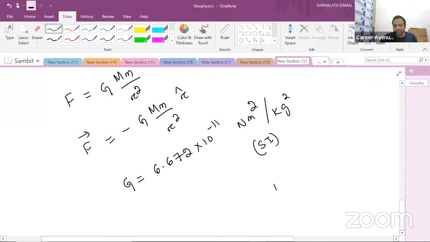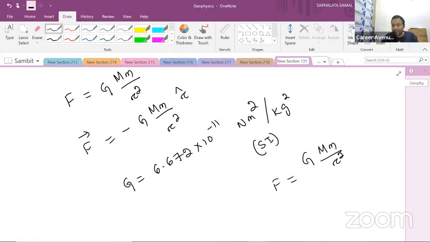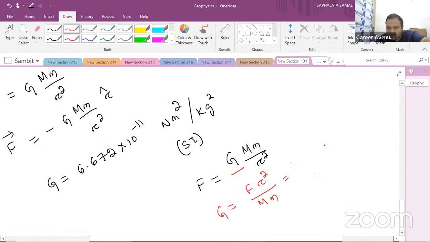We know that F is equal to G mm by r square. Whenever in a question it is given to find the unit of G, how do I find it? I will write this equation, then G would be equal to F into r square by m into m. What is the unit of F? Newton.